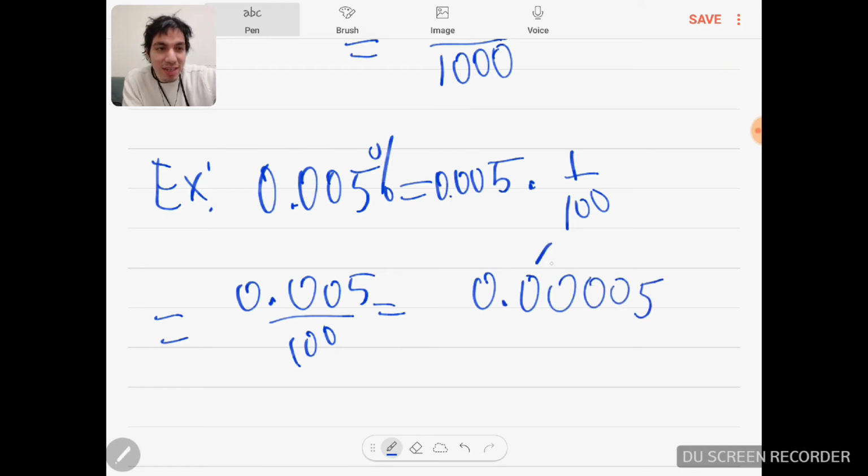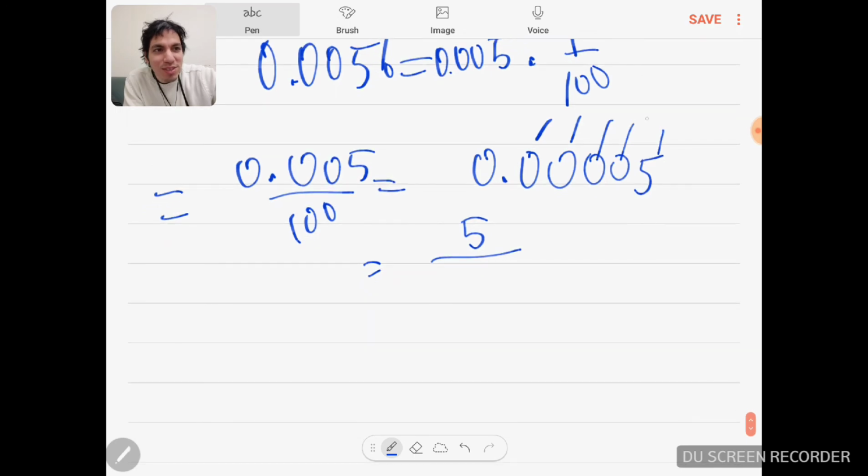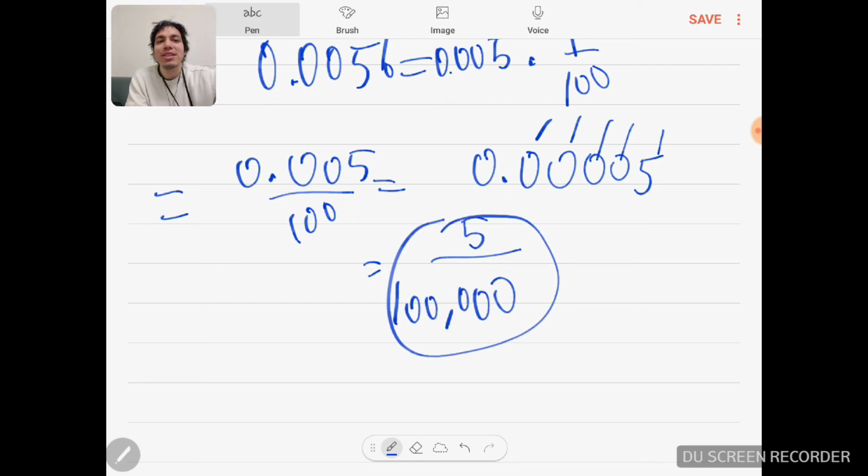So again, we got tens, hundreds, thousands, ten-thousands, hundred-thousands. So 5 over 100,000, that's what will be your answer for that case.